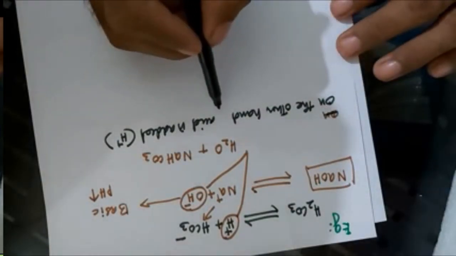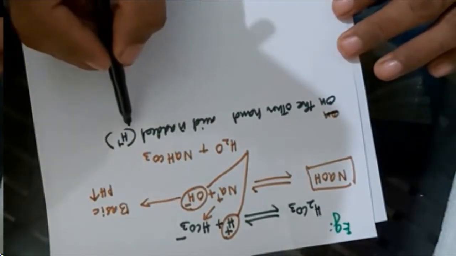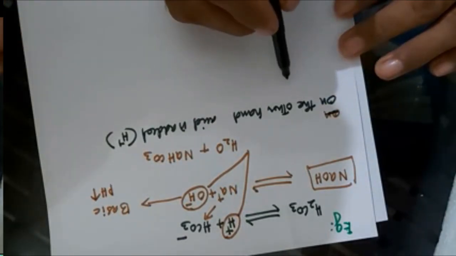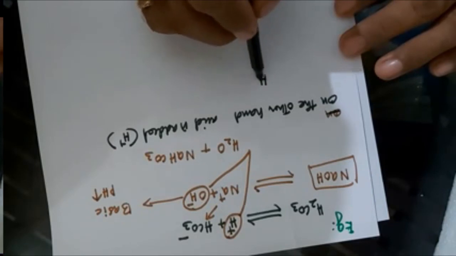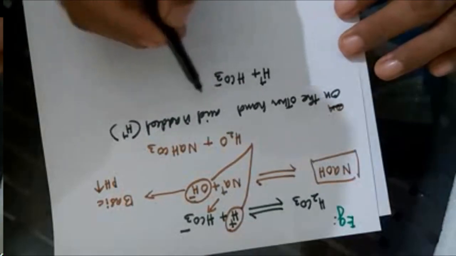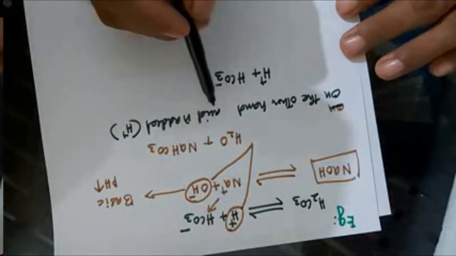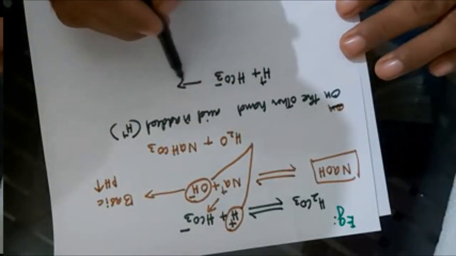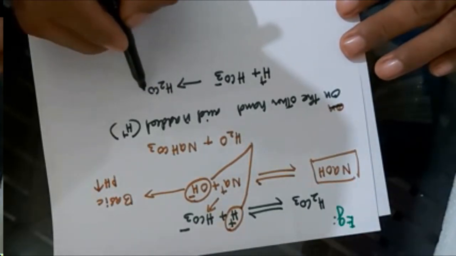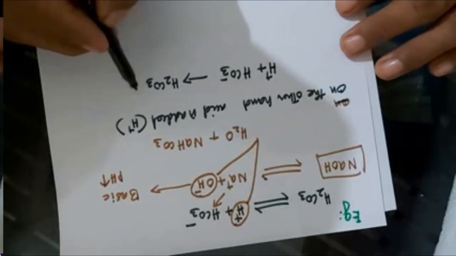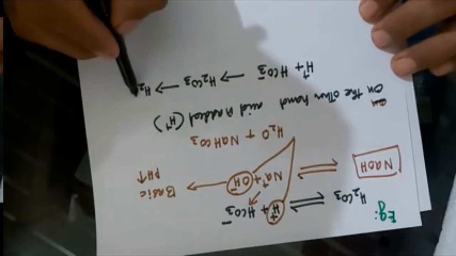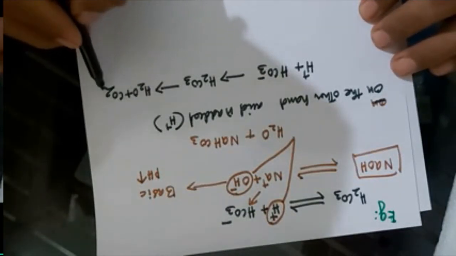On the other hand, if an acid is added, that liberates more H+ ion in the system. So what will happen? This H+ ion combines with HCO3- ion to form what? H2CO3, that gives rise to H2O plus CO2.